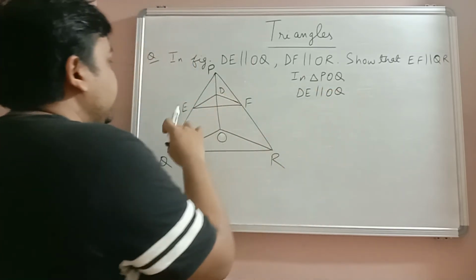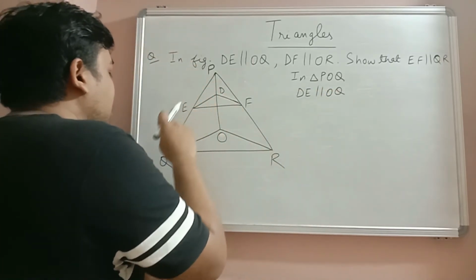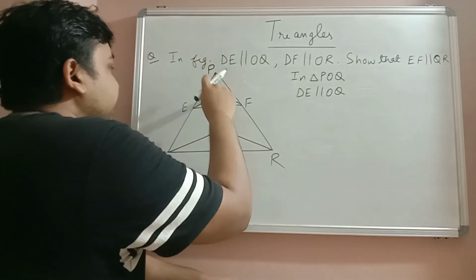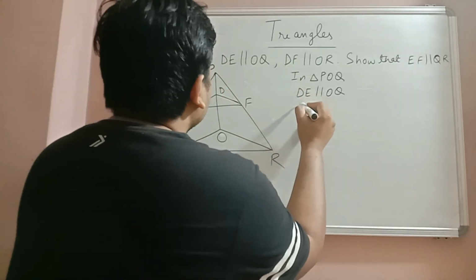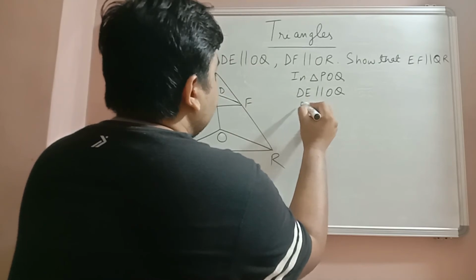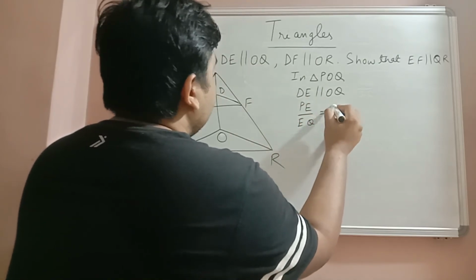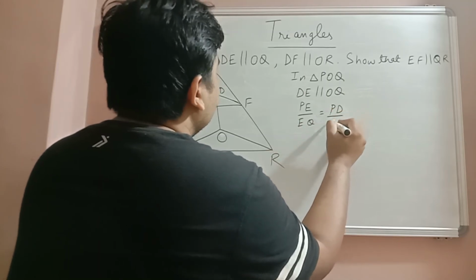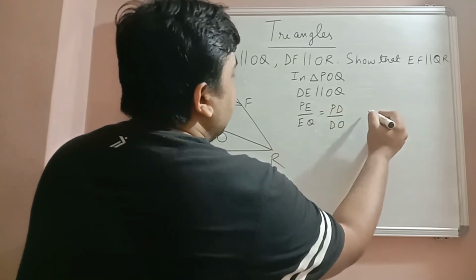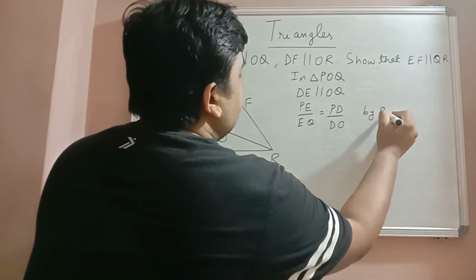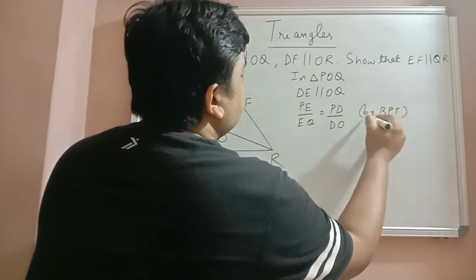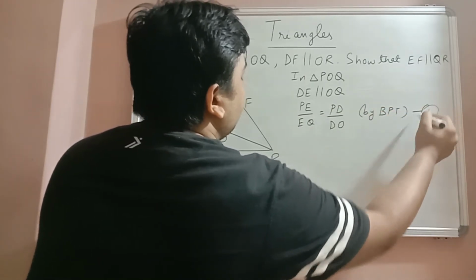So one can say that PE upon EQ is equal to PD upon DO, by BPT, basic proportionality theorem. Let me call this equation number 1.